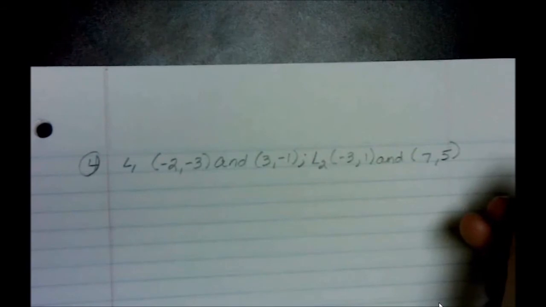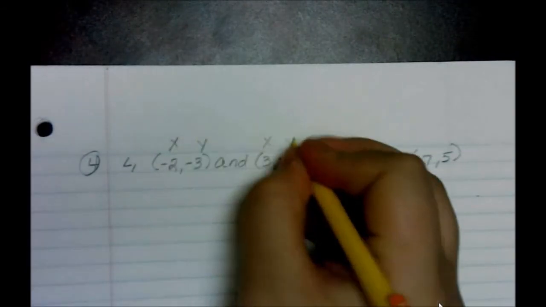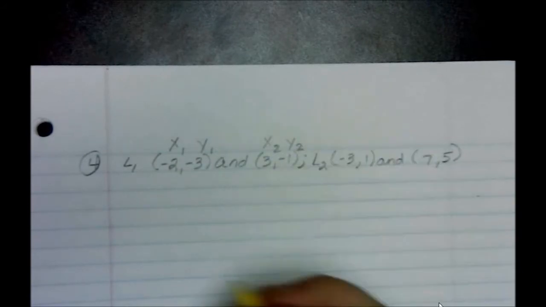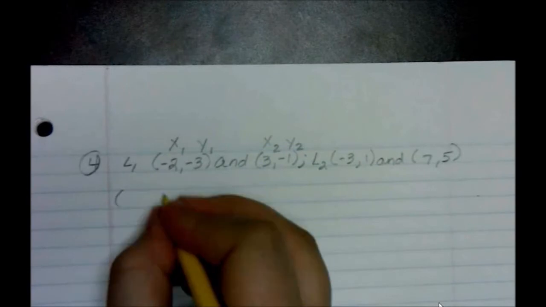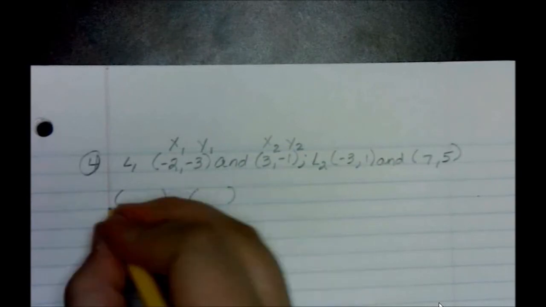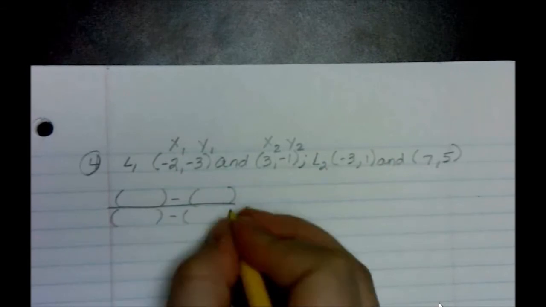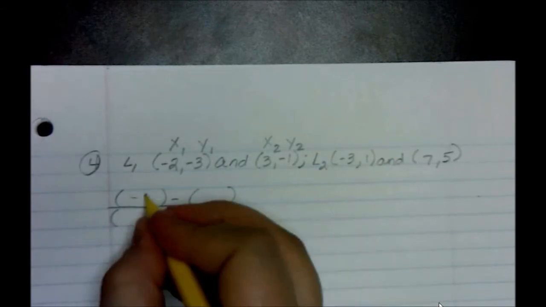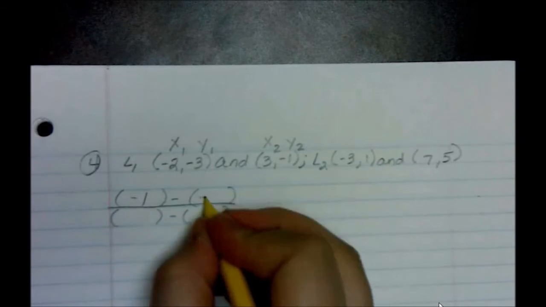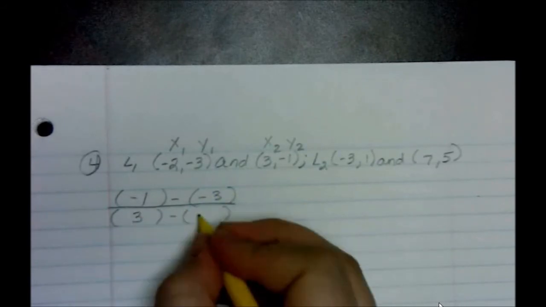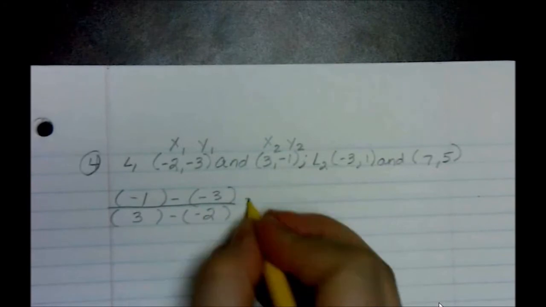Same type of problem, so I'm going to label my x and y values. That's my first ordered pair, this is my second ordered pair. Write in your parentheses. y2 is -1, y1 is -3, x2 is 3, x1 was -2.